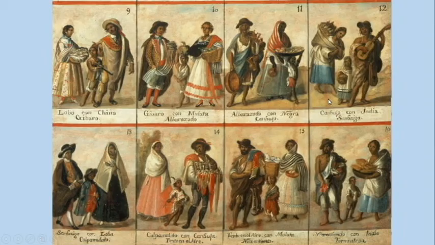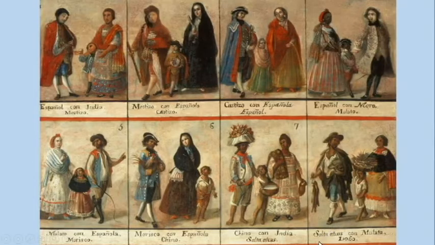It goes on this page, and you have all the way down to number 16 down here, and the further down you go, you get some pretty derogatory words. For instance, here, the Salta Atrás con mulata equals a lobo, and lobo is the Spanish word for wolf. That's not a very positive term to label this group of people. You're going to call them wolves.